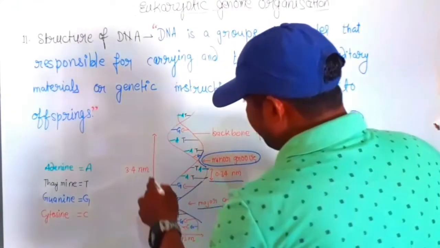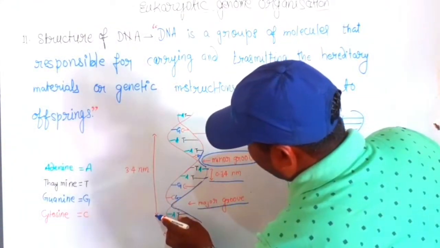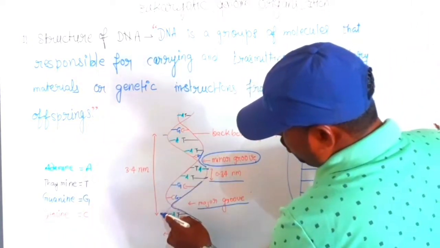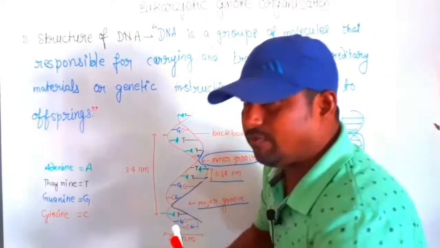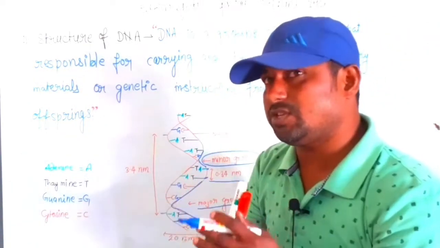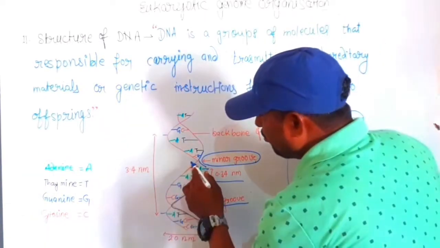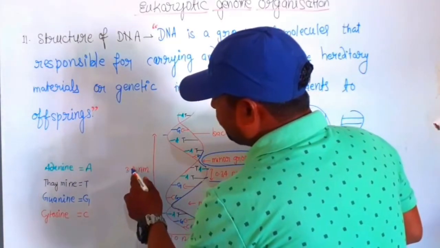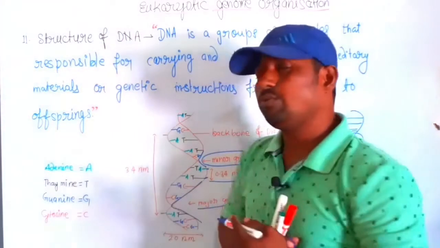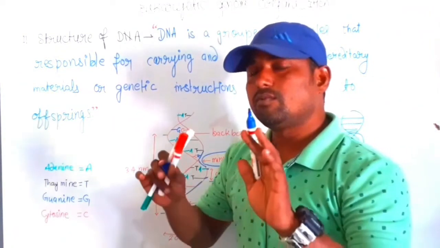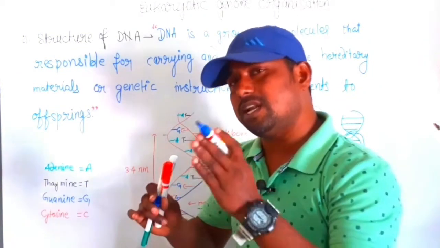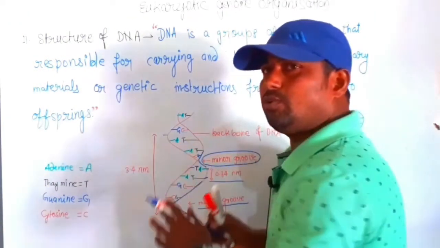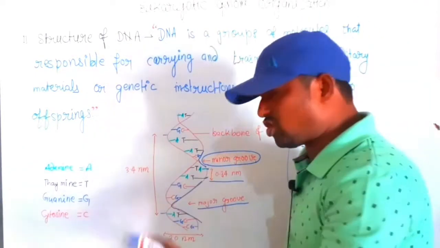And the length between two consecutive major grooves or minor grooves is 3.4 nanometer. We will discuss this later when we give the notes. Here you can only understand about the structure.